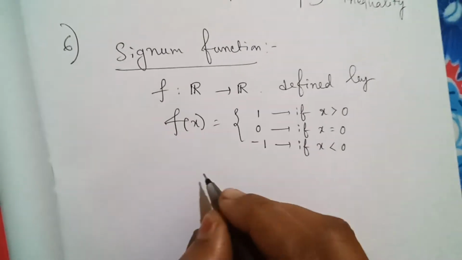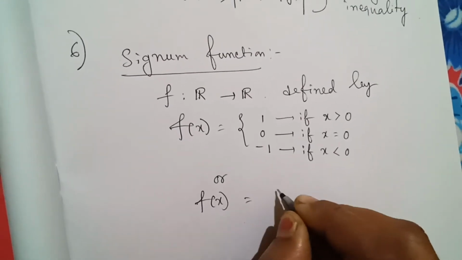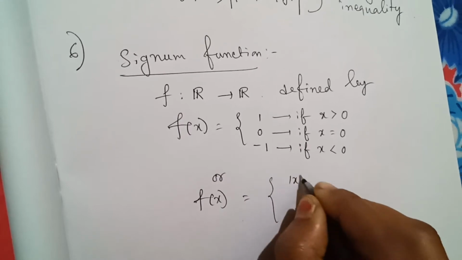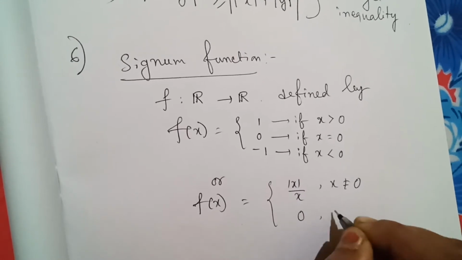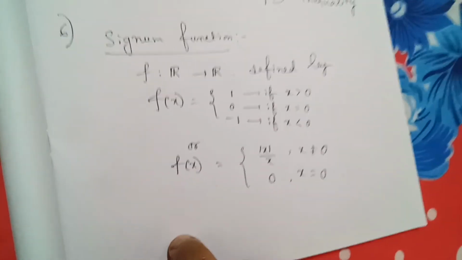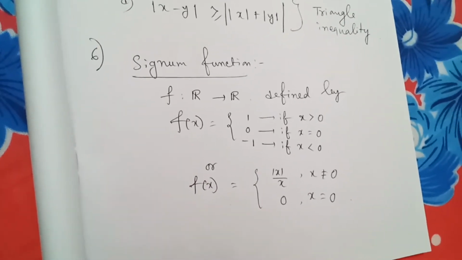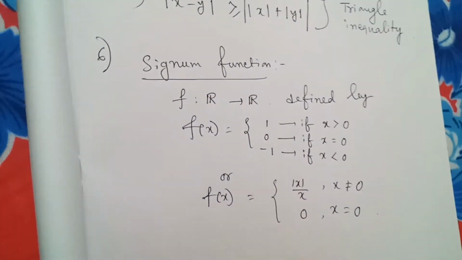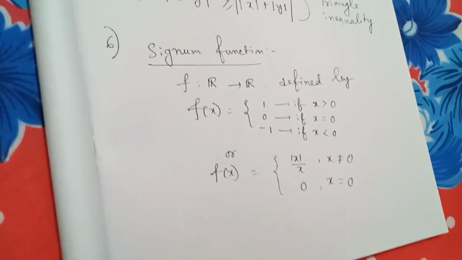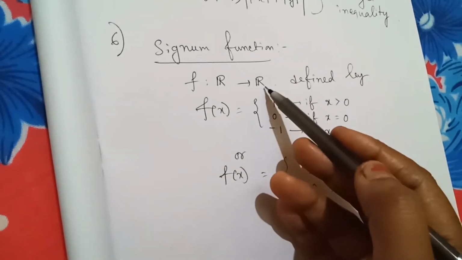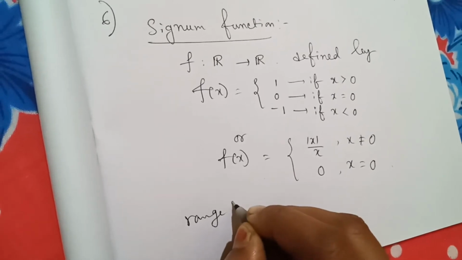Or this can be written in short: f of x equals mod of x divided by x when x is not equal to 0, and 0 when x equals 0. These two forms are called the signum function. The domain of the signum function is R, quite obvious, but the codomain is R, not the range.